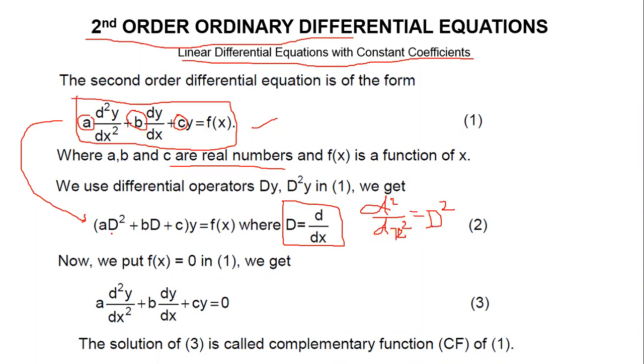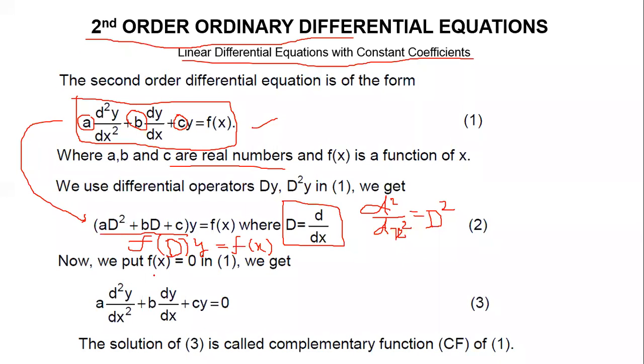So this can be written as f of D y, because it is a function of D. Therefore f of D y equal to f of x. It is the symbolic format of the second order ordinary differential equation with constant coefficients.